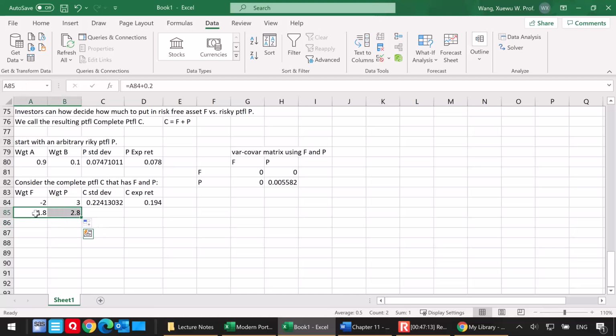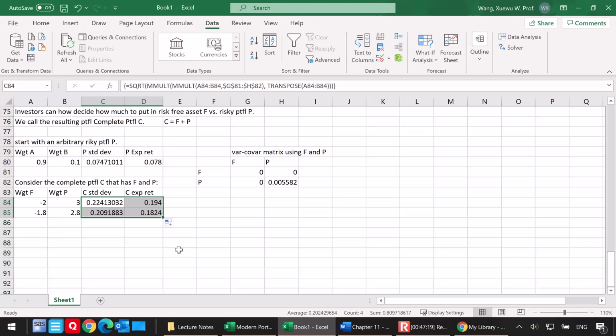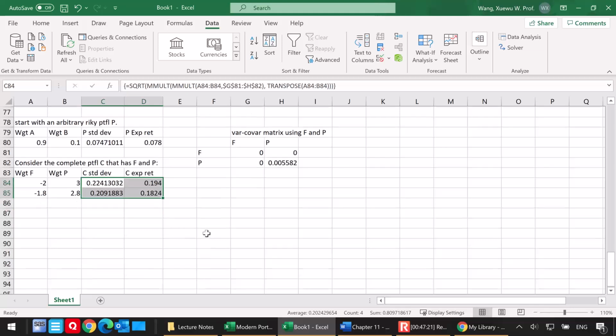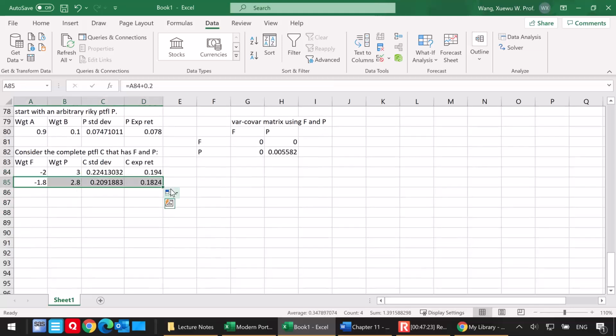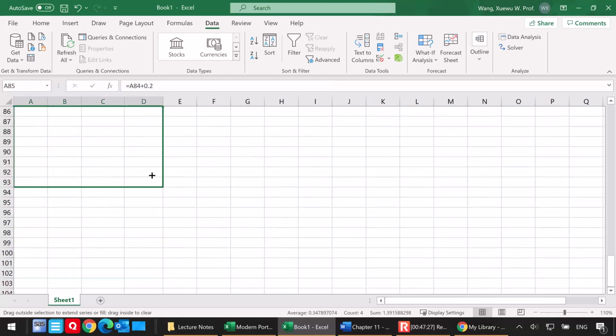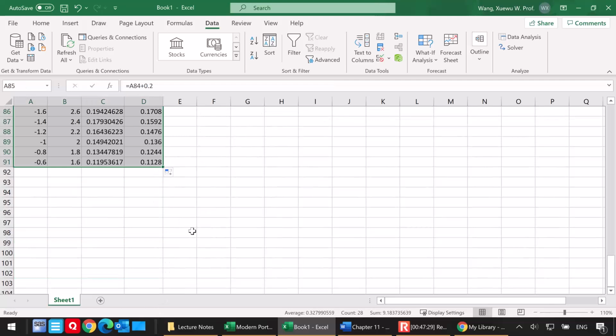All right, and I can actually look at what is the expected return and the standard deviation for this complete portfolio. And now I can actually copy down here until I have some interesting portfolio.